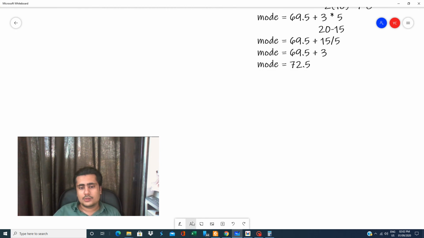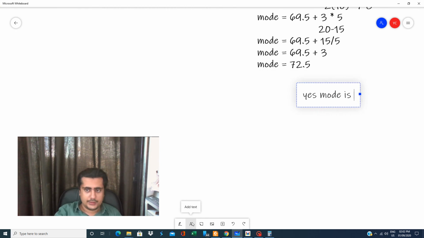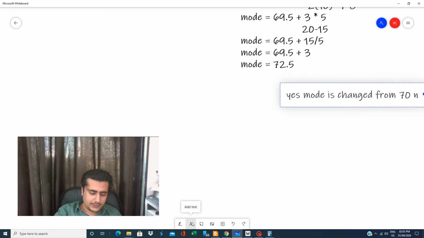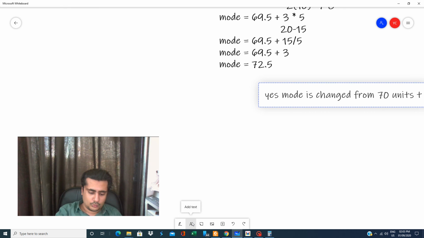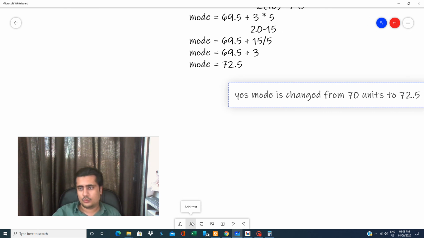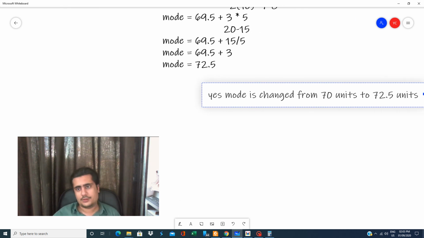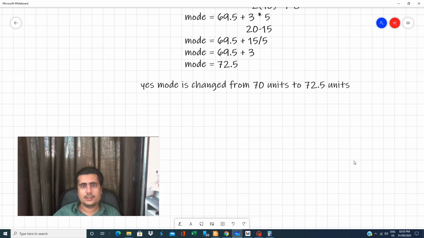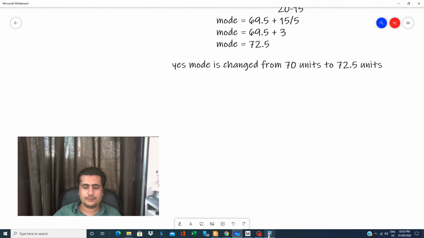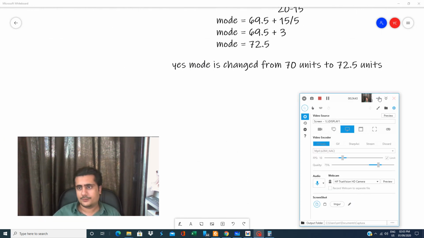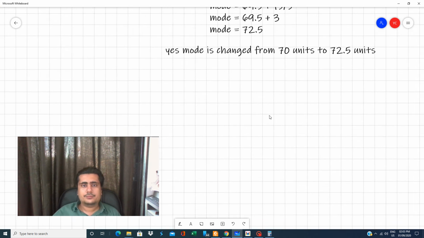So we will write the sentence: yes, mode is changed from 70 units to 72.5 units.